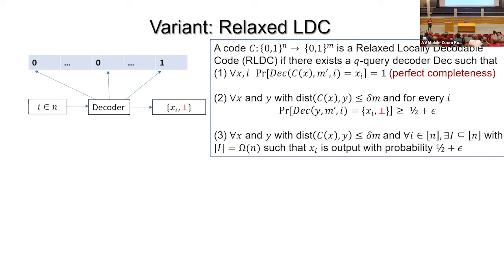How do you manage not to look at all of them? No, you are never going to be able to recover all of them. There is only a constant fraction of indices that we can ensure. Okay, so definitely you cannot find all of them. Only those locally good indices are findable.